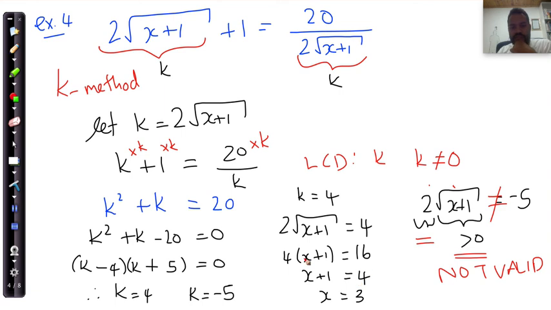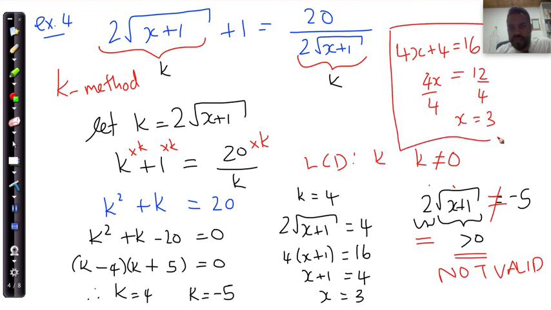You could have also said 4x plus 4 is equal to 16, and then 16 and 4 cancel out, leaves me with 12, and then I've got 4x is equal to 12, and I divide both sides by 4. I would then end up with x is equal to 3. So that's another way that you could have continued with this. And that's example number 4.